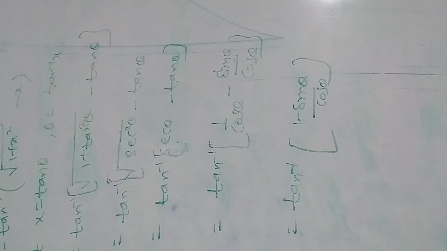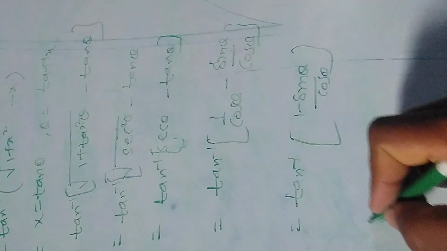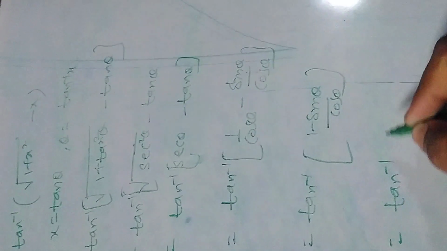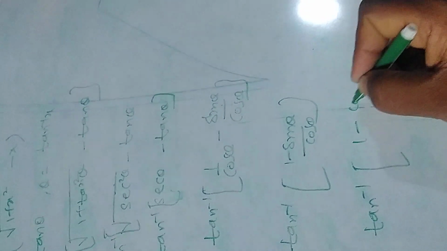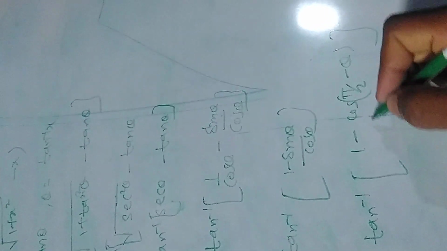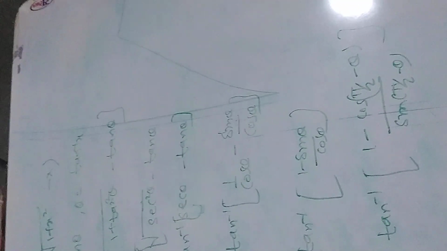So in the next step we will finally get y is equal to tan inverse of (1 minus cos of (pi by 2 minus theta)) upon sin of (pi by 2 minus theta).